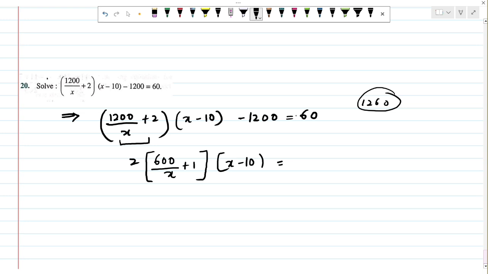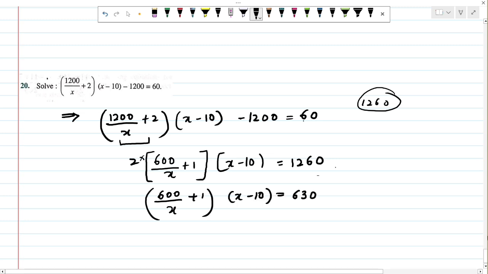So now this 2 has been taken to this part. I'll write it as 600 divided by x plus 1 into x minus 10. So 1260 divided by 2 will become 630, right?